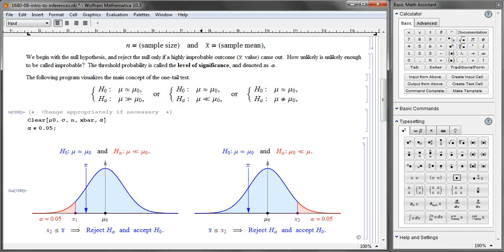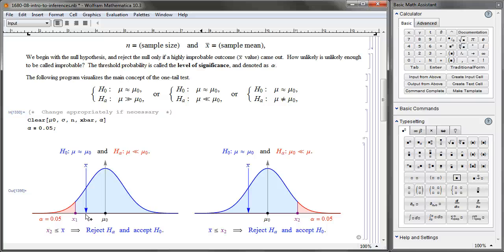Okay, I ran several more times until I get what I wanted. Okay, here we go. Let's look at the left-hand side picture. And this time, x bar is close enough to mu naught. X bar is where the end of this blue arrow is, and I just moved my mouse over there.